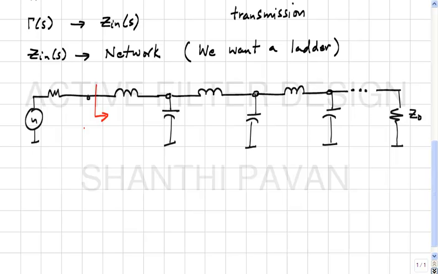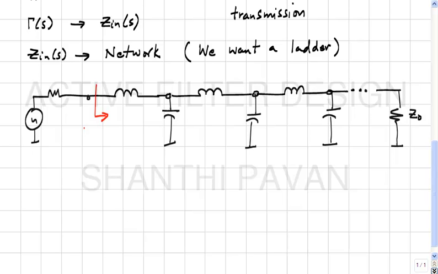Please note that since Zn of s is a physical impedance, the difference between the degrees of the numerator and the denominator can only be plus or minus 1, okay, because any physical impedance Z of s, as s tends to infinity, will either look like an inductor, a capacitor, or a resistor.